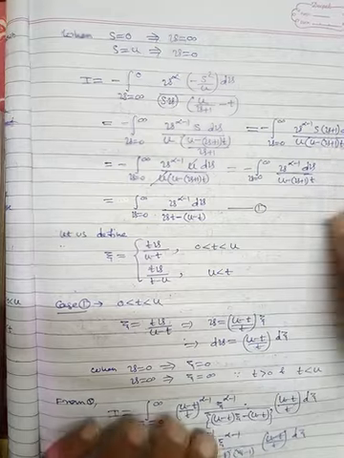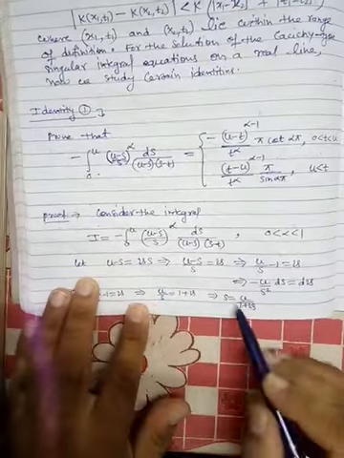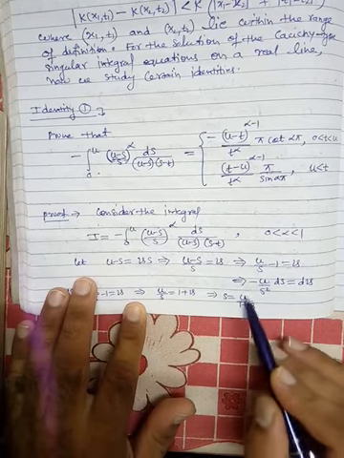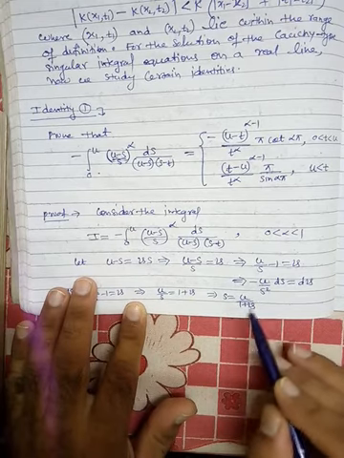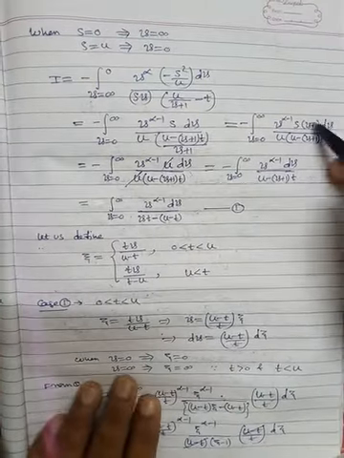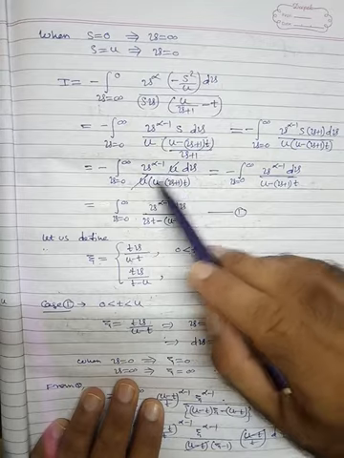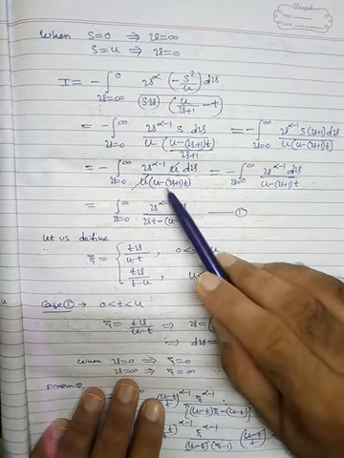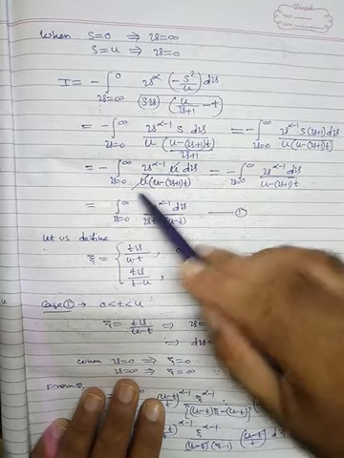But s into v plus 1, if you see from here, s into 1 plus v is basically u, so s into v plus 1 is replaced by u, and this u is cancelled out with the u in the denominator.